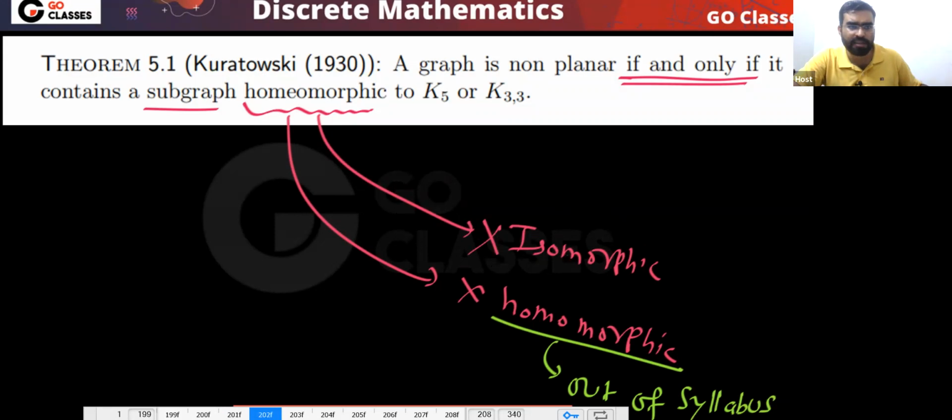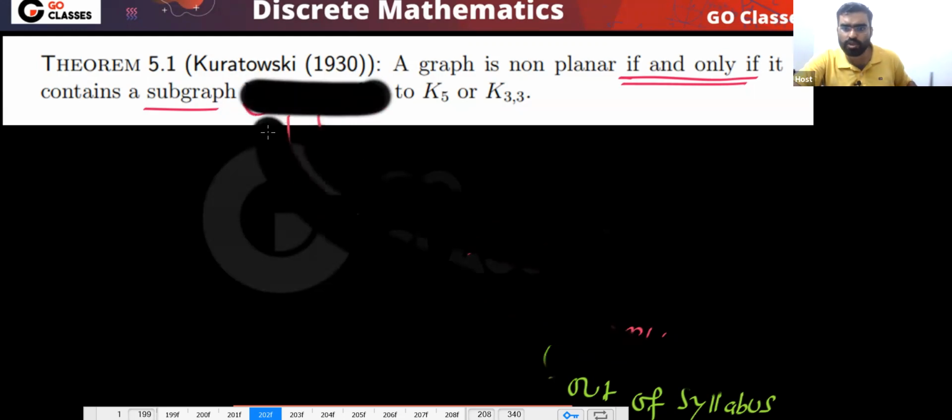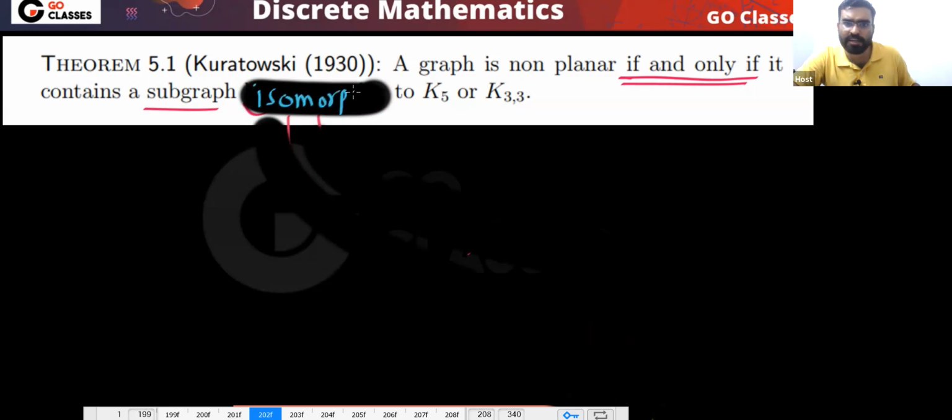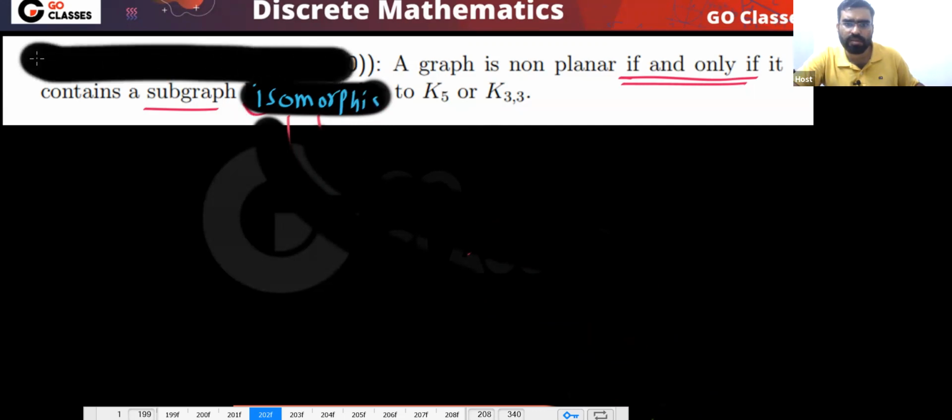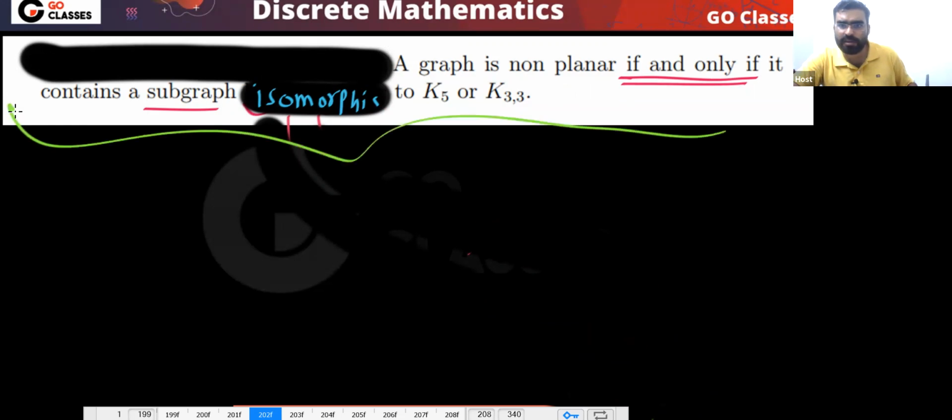The same statement, if I change it to isomorphic, then this statement is wrong. This statement is false.